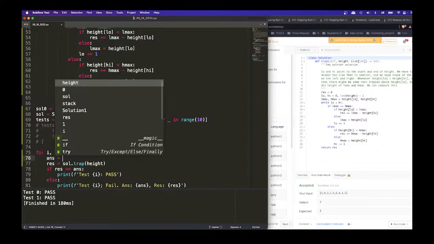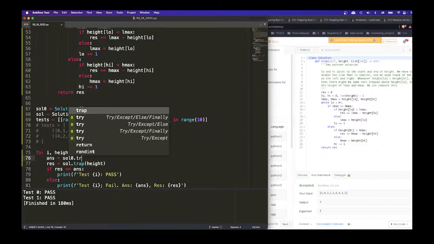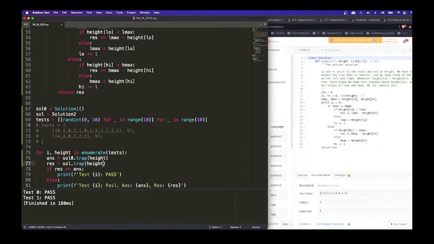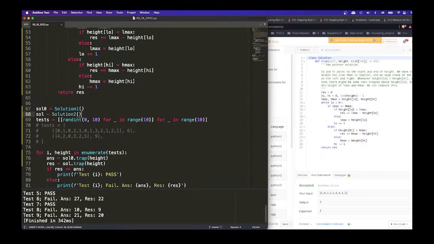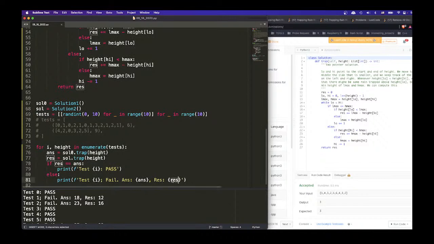Answer: sol 0 dot trap height result equals this. All right, we have lots of error. Height.